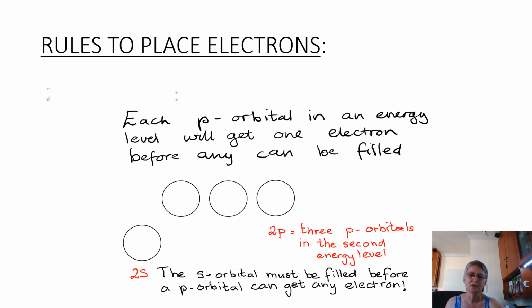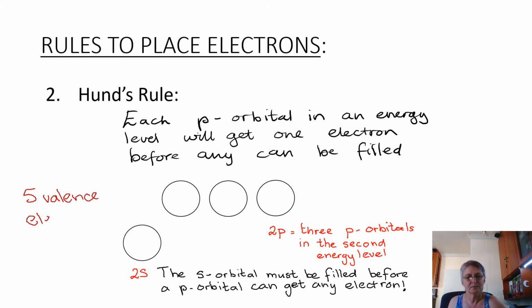Second, we get Hund's rule. Each p orbital in an energy level will get 1 electron before any of the p orbitals can be filled. What do I mean? If there is, for example, an element with 5 valence electrons in the second energy level, the lowest orbital will get 2 electrons with opposite spin, according to Pauli.